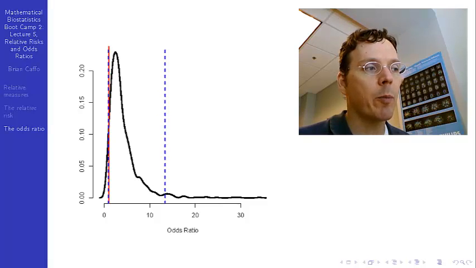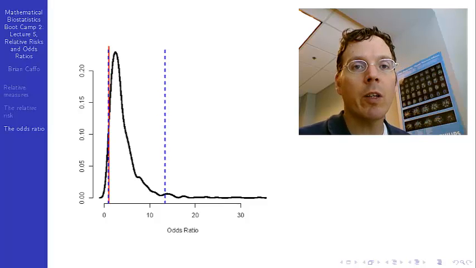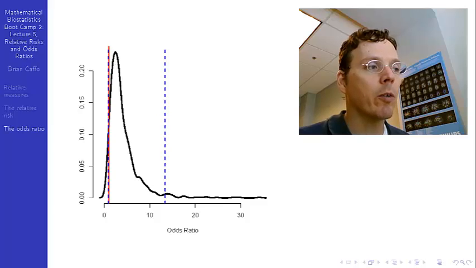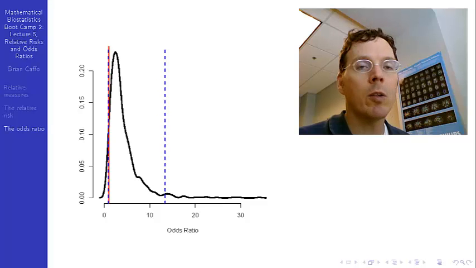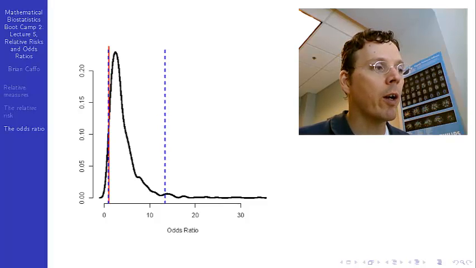This gives you a lot of information about where the evidence concerning the risk ratio, the relative risk, lies. Here I drew the blue lines for the 95% credible interval, where there's 2.5% below the lower blue line and 2.5% above the upper blue line, and then I put a reference line at 1.